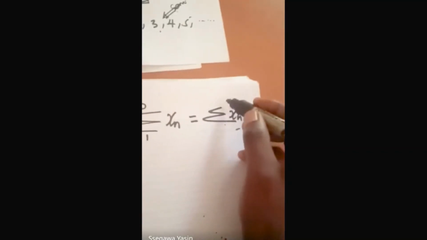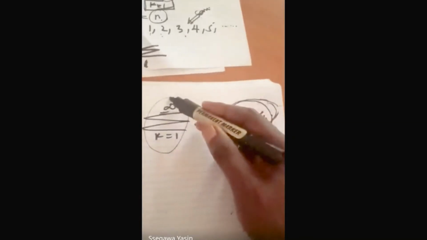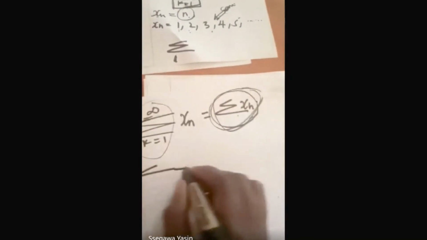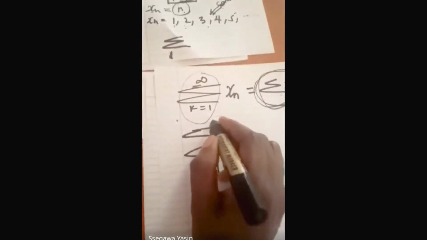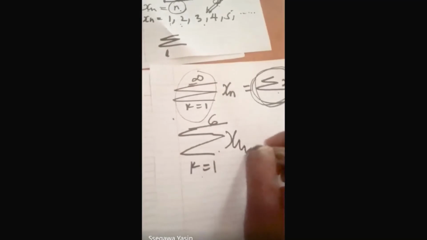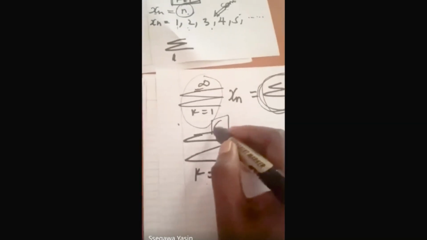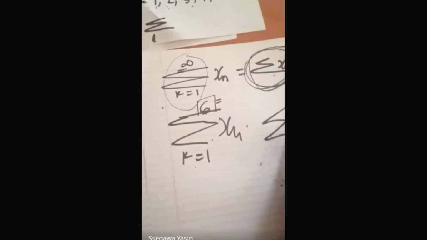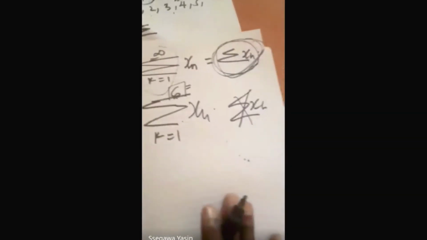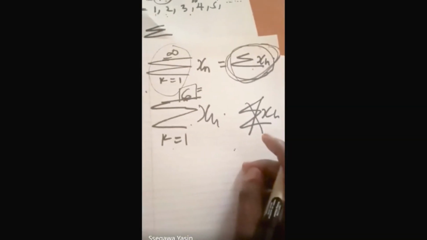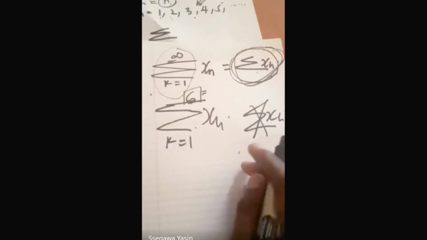I talked about this at the beginning. When you have this, it means this. But when I write k equals 1 up to maybe 6 of xk, the moment you drop this 6, thinking that it is the same as when I just write sum xn, then this is wrong. It cannot be. That's what they are telling you.